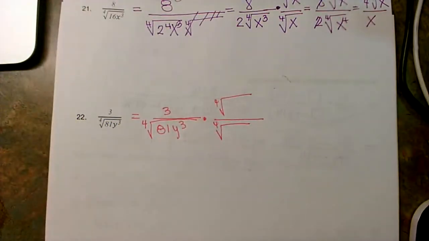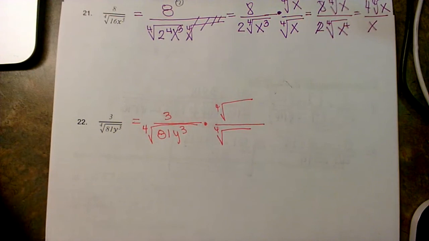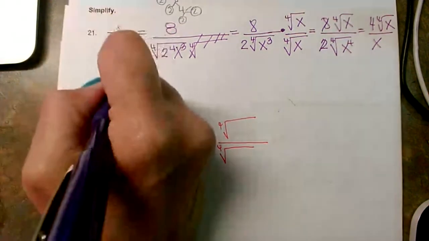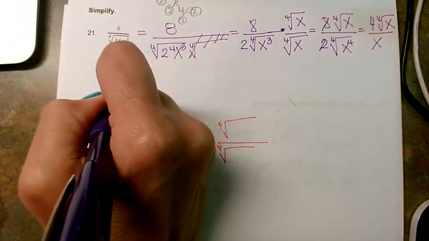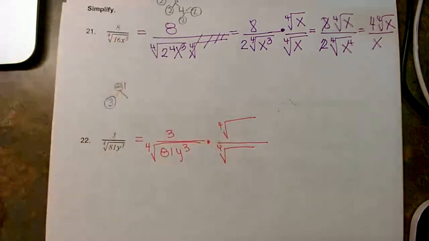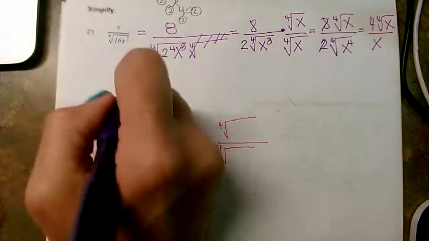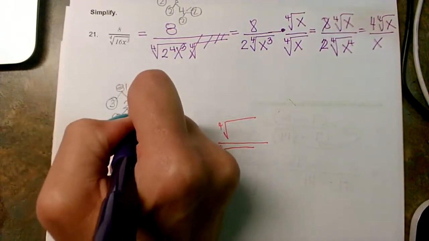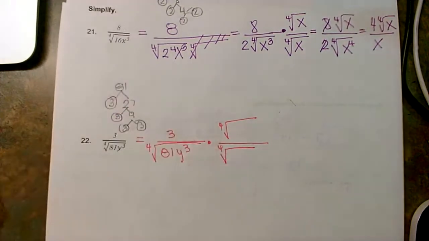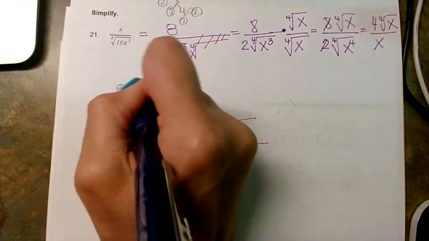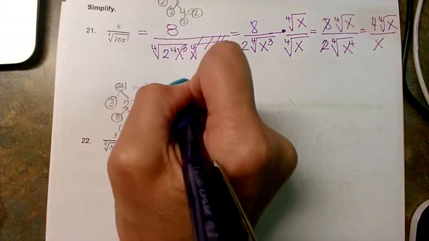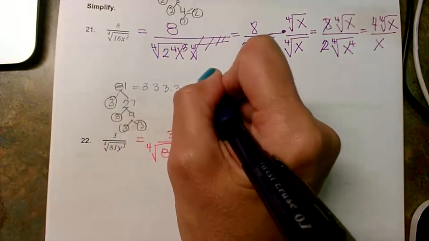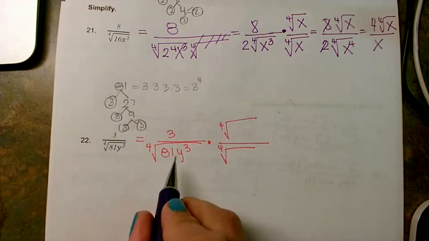Sorry. I think we have room here. 81. This is 27, right? So 81 is 3 times 3 times 3 times 3. 81 is 3 to the fourth power. So the number is fine.